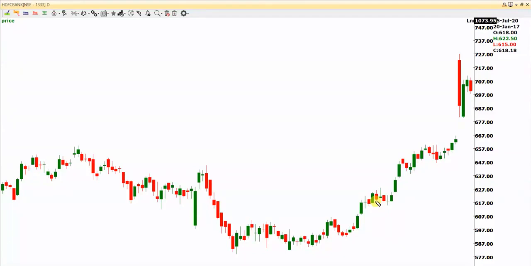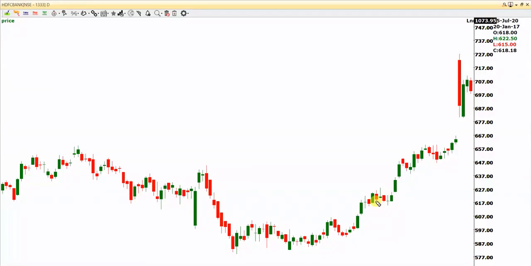So now tell me, my dear friends, after accumulation I am expecting prices to go higher, right? So I told you market rotates in a cycle. Now accumulation is over and markup is going on.